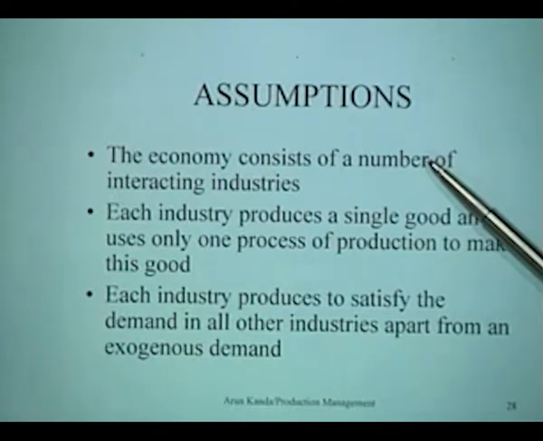It will probably have to borrow different components from the engineering sector and so on, which are going to be used in the automobile sector. Then all these things are put together, and there must be a demand for automobiles, so you have people from different sectors who are going to use those automobiles. The key feature of Leontief's model is that it tries to model the interactions that take place between the various industries.